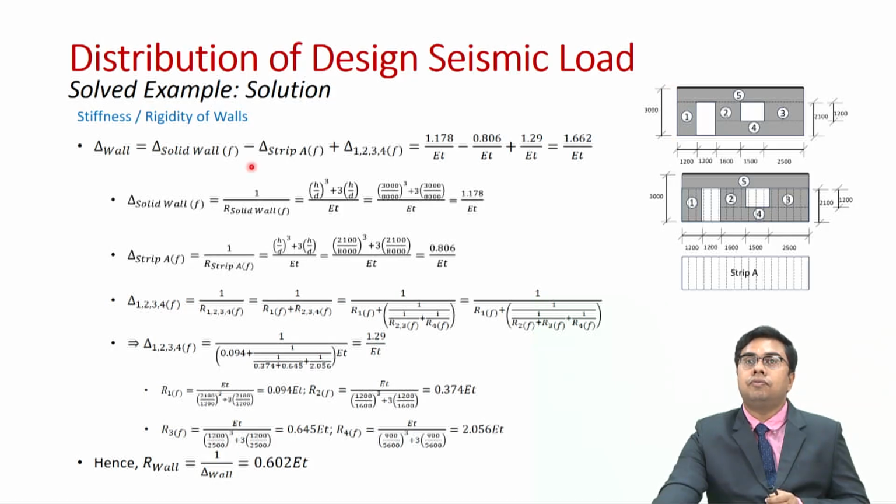So in order to find delta wall, we shall write this very expression. How have we obtained this expression? Delta wall is expressed as delta solid wall fixed case. We assume that first of all there will be a solid wall without any opening and with fixity at the top.